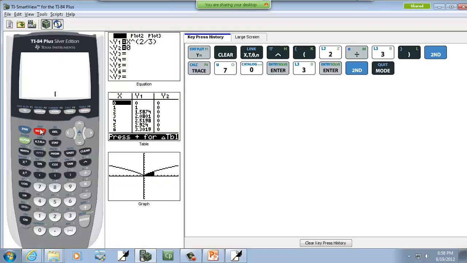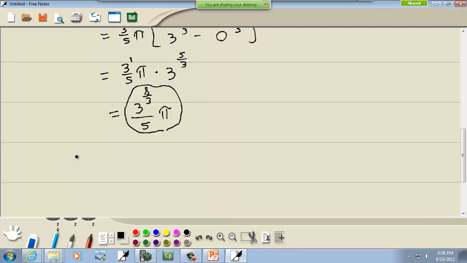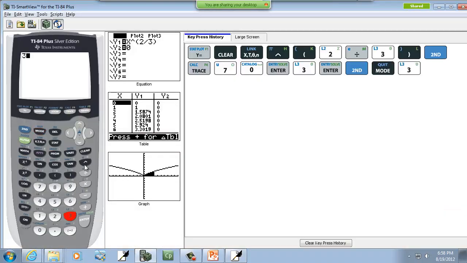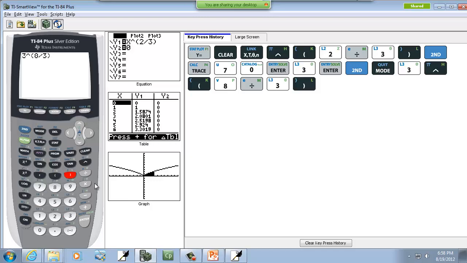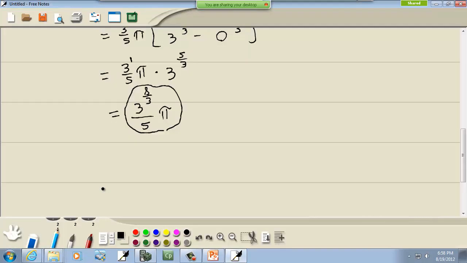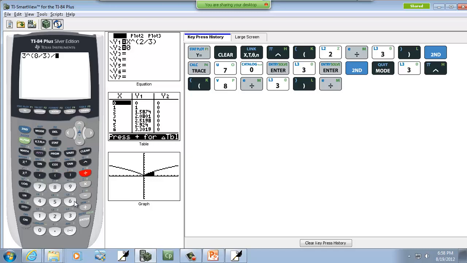So we do a second mode to exit out. I'll do 3 caret, beginning parentheses, 8 divided by 3. Whenever you have more than a single number or a single x in your exponent, you have to put parentheses around it. Divide by 5 times pi. So second caret.